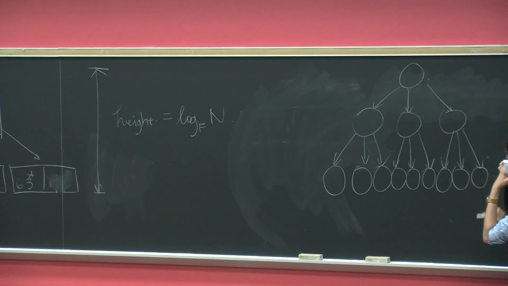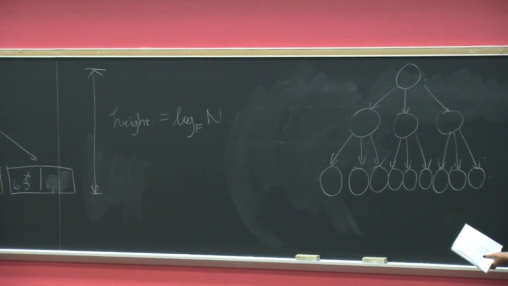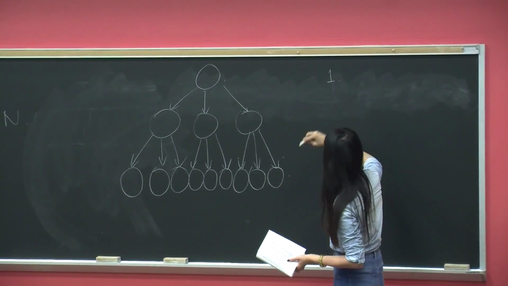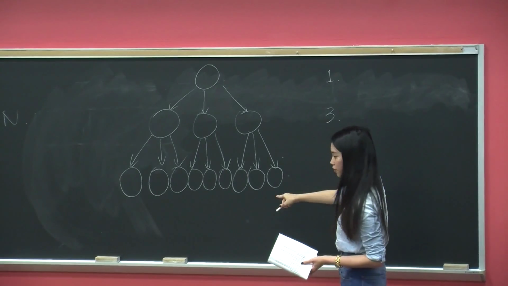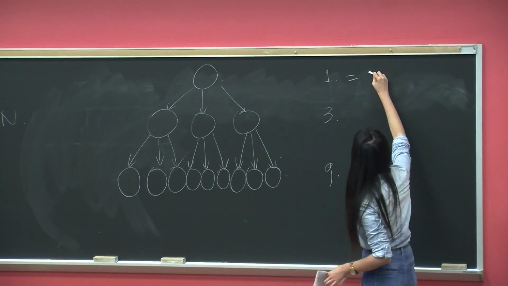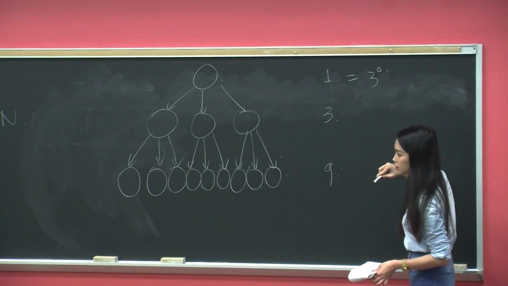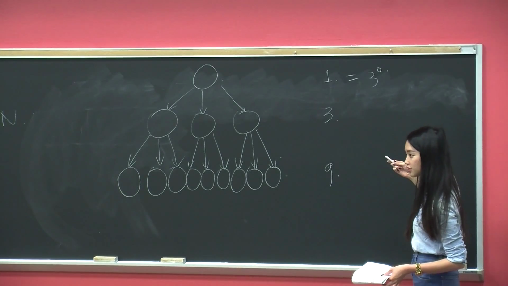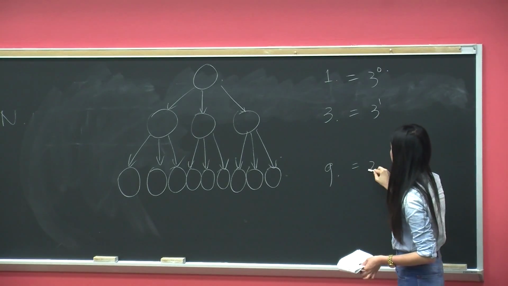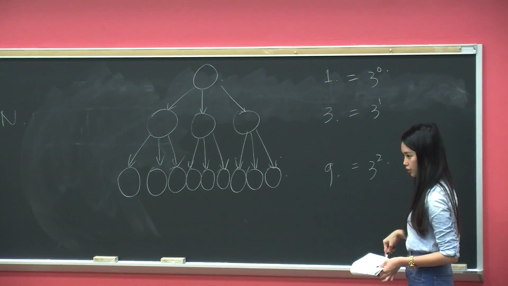How many nodes do we have for the root? We have only 1. For the second level, we have 3. And for this level, we have 9. So you can actually think of 1 as 3 to the 0, this one 3 to the 1, and this one 3 to the 2.